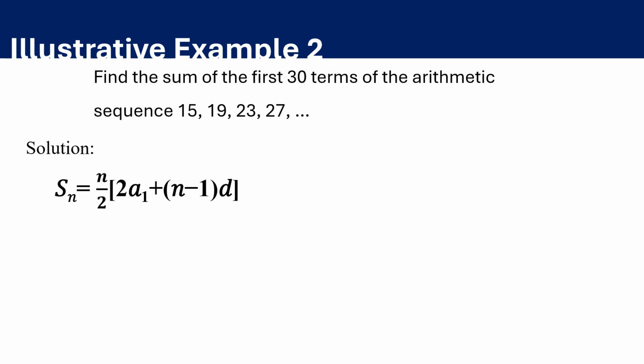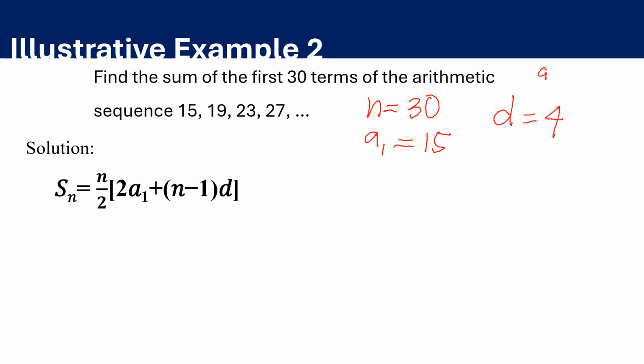We already know that your n, or the number of terms, is 30. Your a sub 1 is equal to 15. And how do we get the common difference again? Just subtract the first from the second. So that's 19 minus 15, and that would be equal to 4.